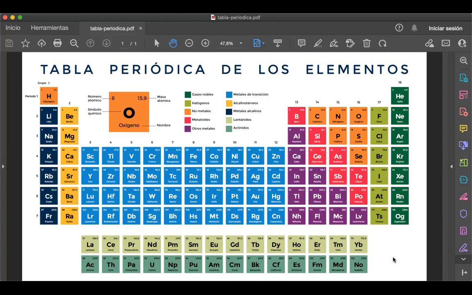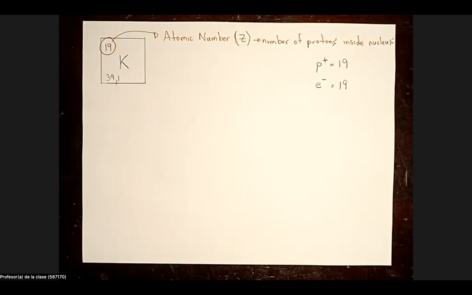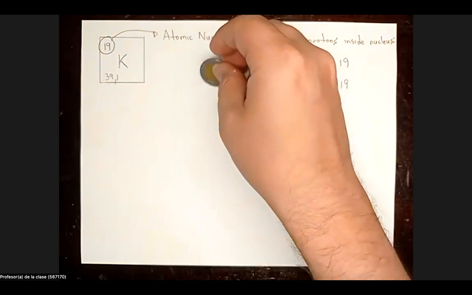So we have here 19 protons. Electrons around the nucleus will also be 19 because we are talking about a neutral atom. So protons and electrons will be 19.